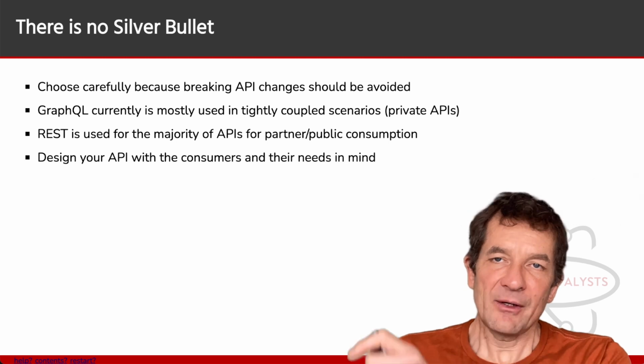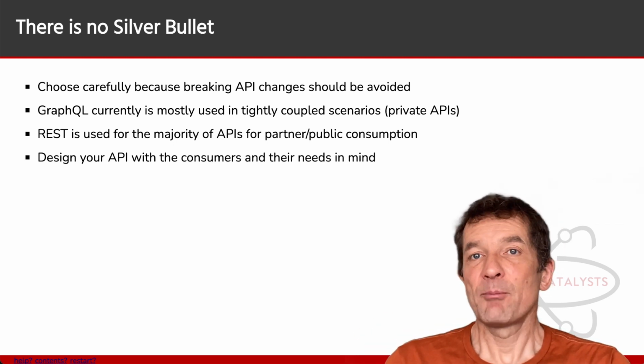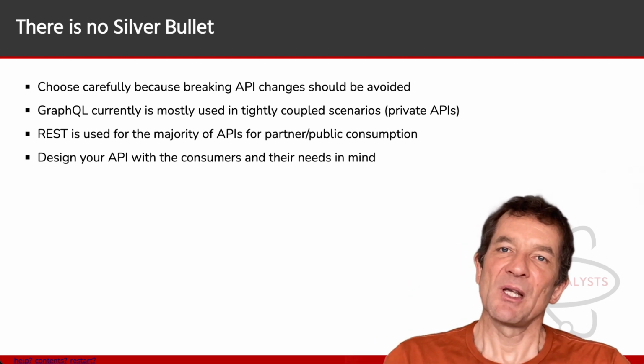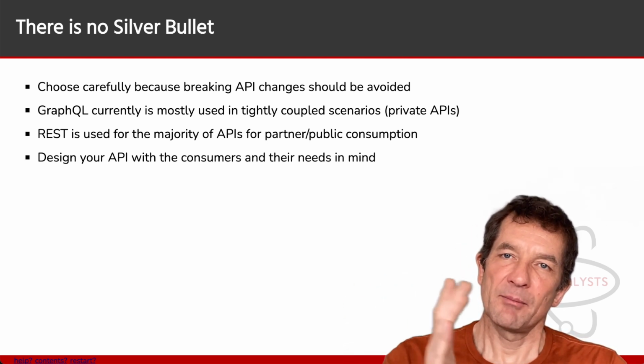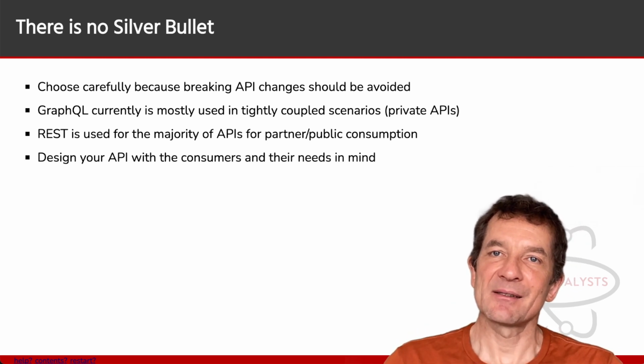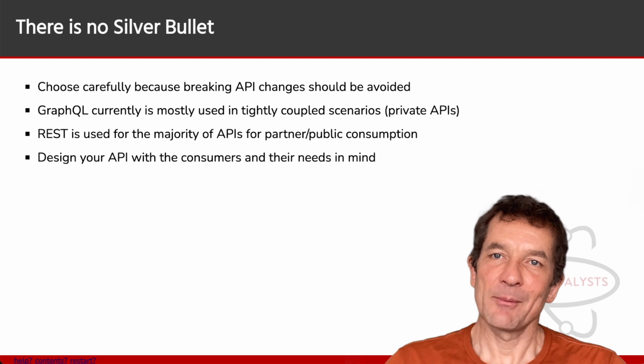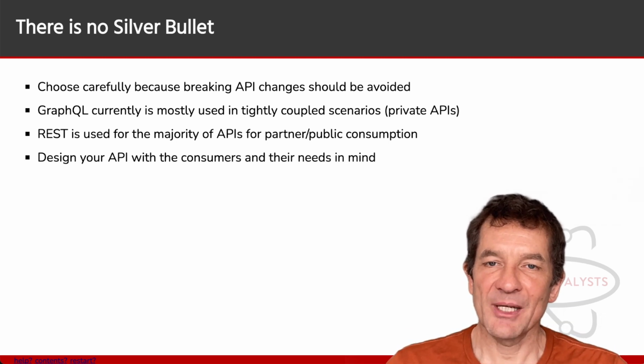For other APIs, for partner and public APIs, and if you're interested in the differences between partner, public and private APIs, I had a little video a while ago that I think also will help you to think about the distinction a little bit.